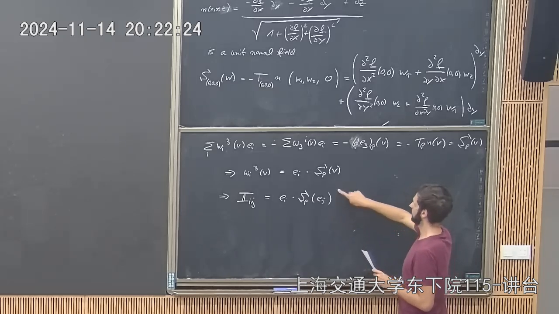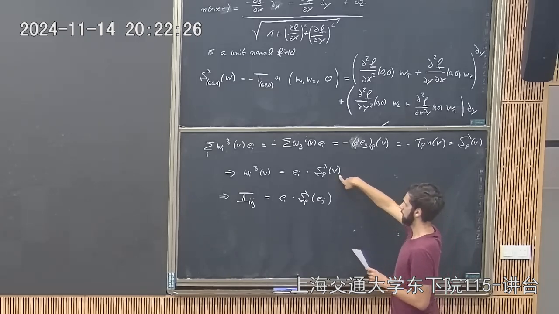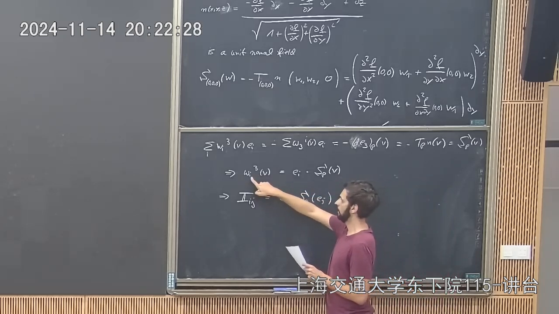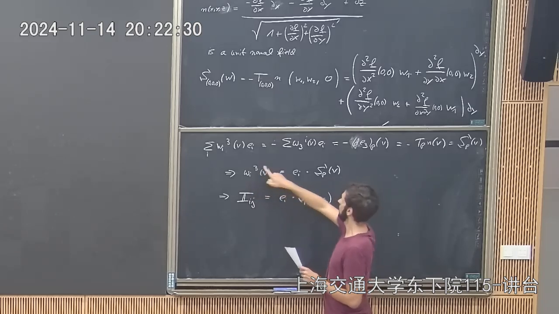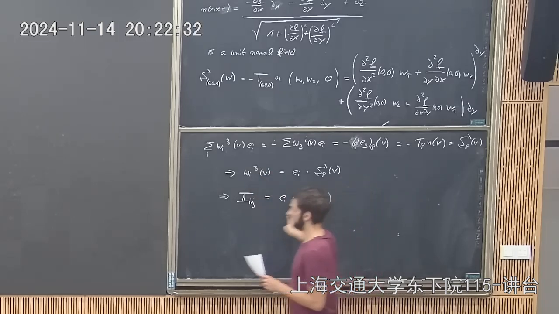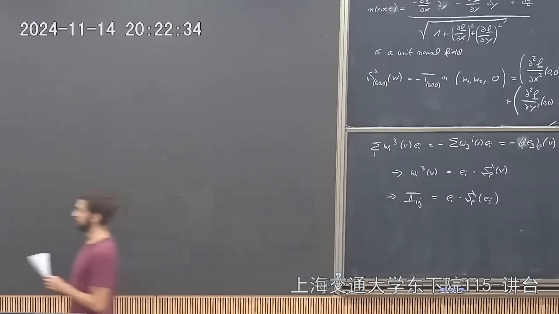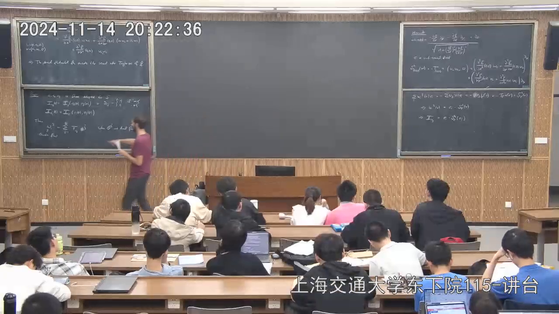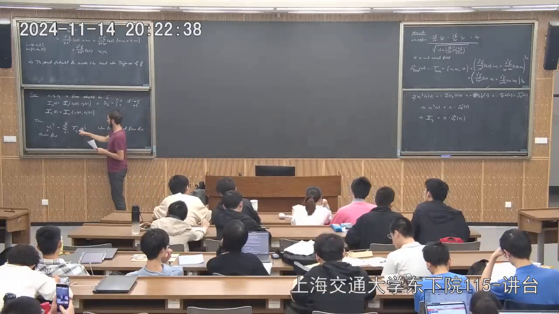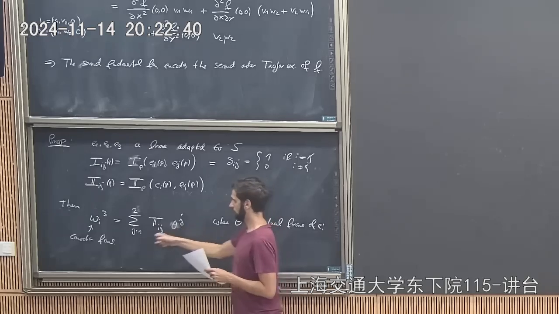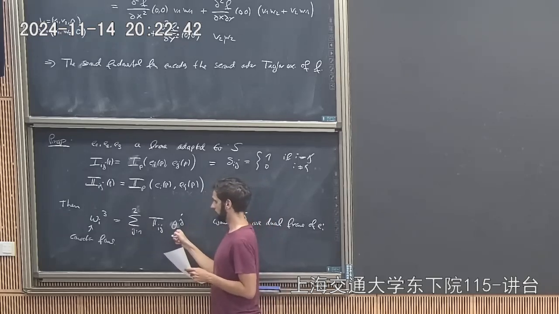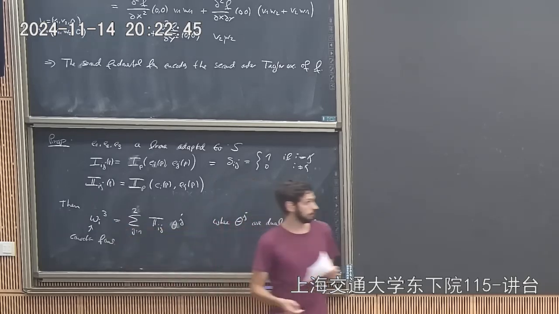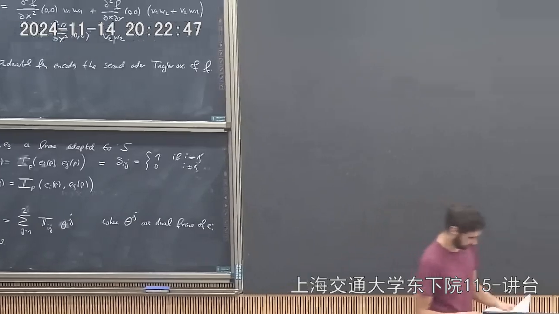And if you just do that, what you end up with is omega i3 in the Ej direction, which is exactly the statement. If you evaluate this side on a vector, we get essentially the dual.